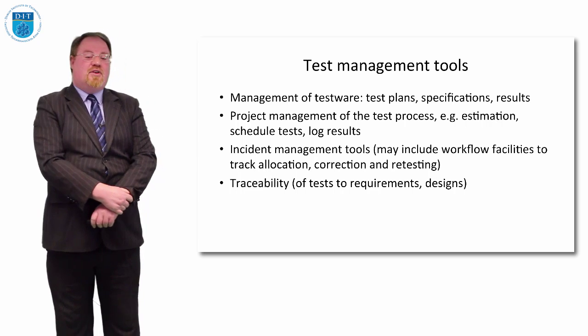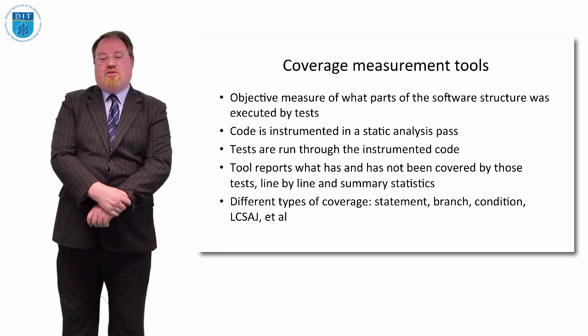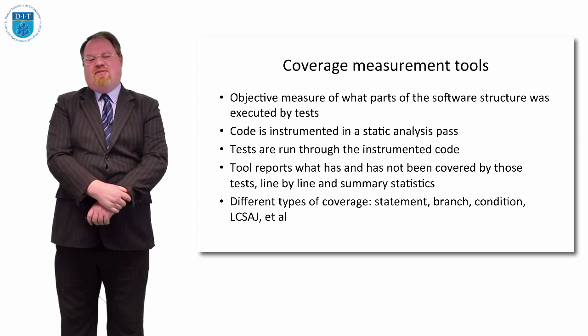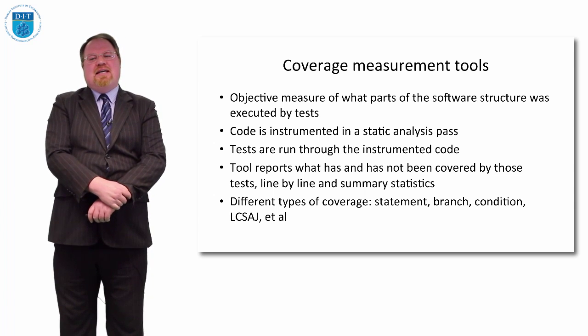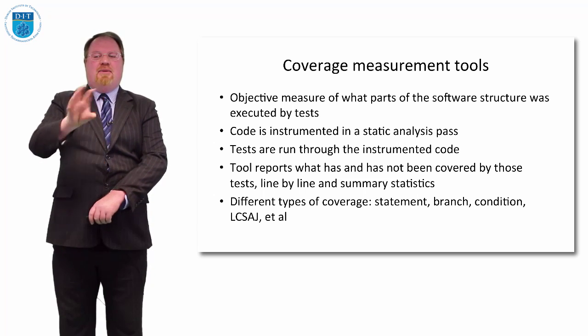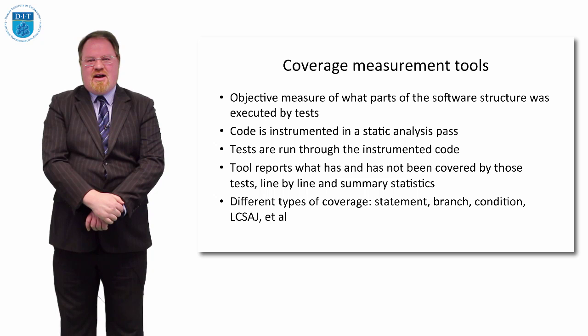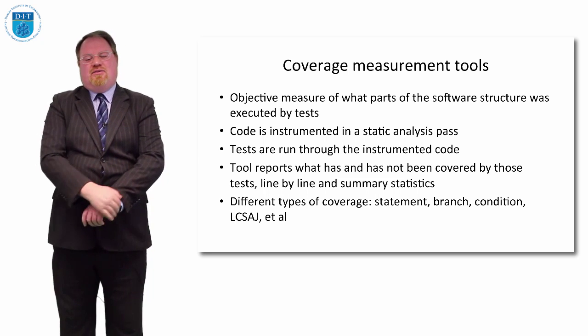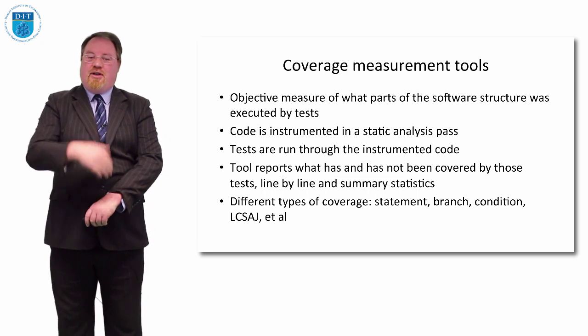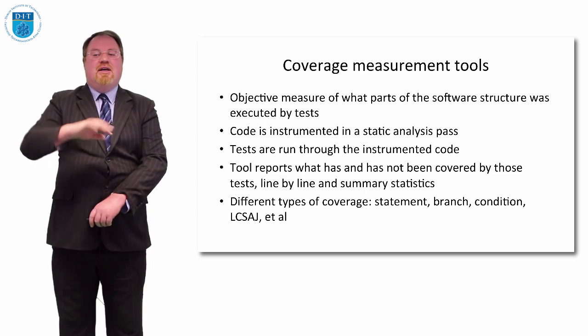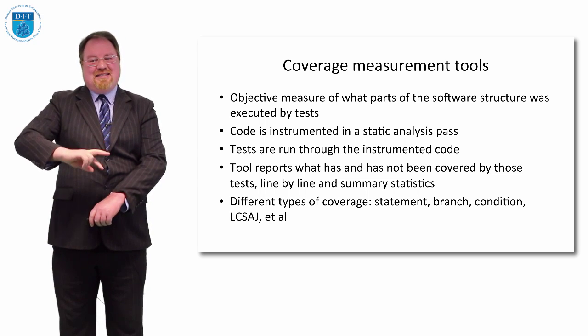And coverage measurement tools are just to make sure every possible bit of the code is tested. So let's say I have an if-then-else, and my condition is if x is less than 5, then do this, else do this. I need to make sure when I'm testing that there is one test where the value of x is greater than 5 and another test where the value of x is less than 5.